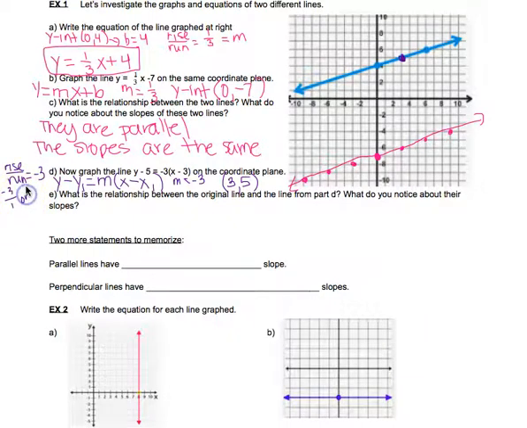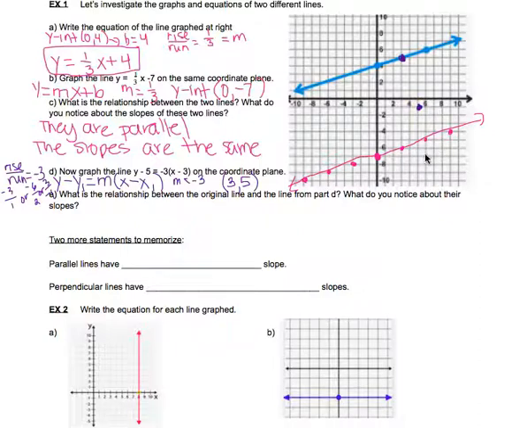So negative 6 over positive 2, or maybe it's positive 3 over negative 1. So all of those would work. So I'm going to go down 6, right 2. So 1, 2, 3, 4, 5, 6, right 2 to get myself another dot. And then down 6 again, 1, 2, 3, 4, 5, 6, right 2.